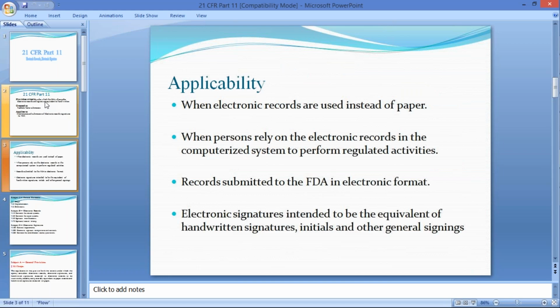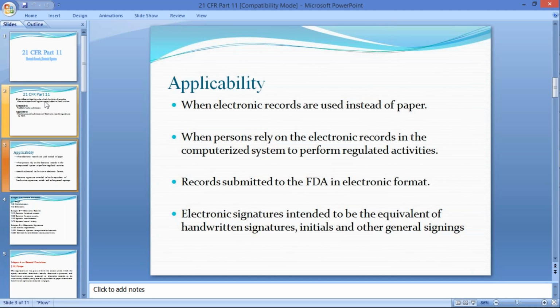Applicability. When electronic records are used instead of paper, we apply these guidelines. When a person depends on electronic records in the computer system to perform regulated activities, we follow them, and for records submitted to FDA in electronic format, not only for maintenance.